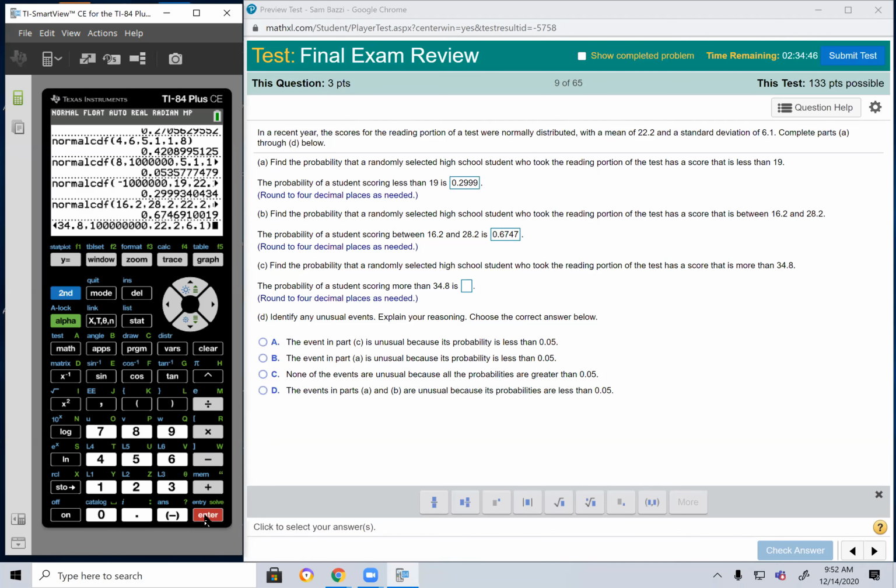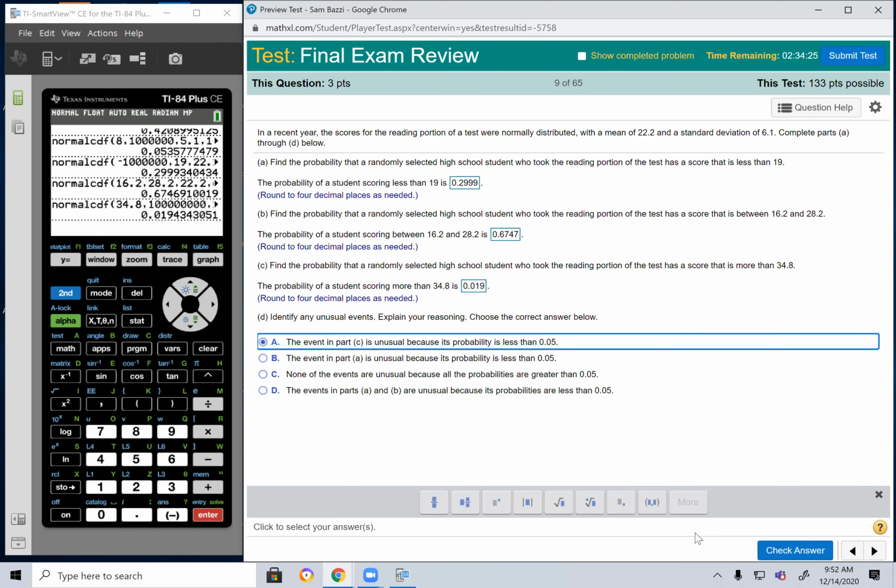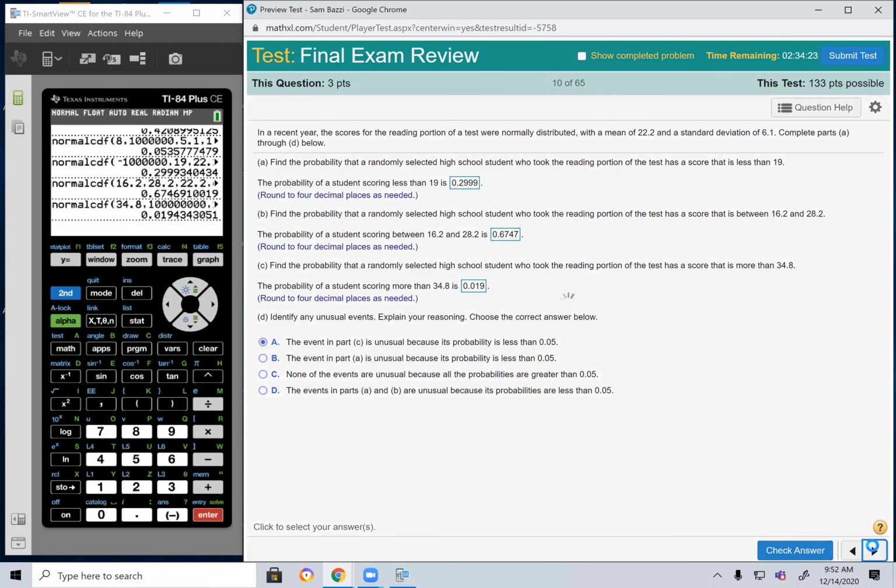And leave the rest alone. 0.019. Identify any unusual events. Do you guys agree with me that there are unusual events in this one? It's in C because it's less than 5%. So the event in part C is unusual because the probability is less than 5%. And then we move on.